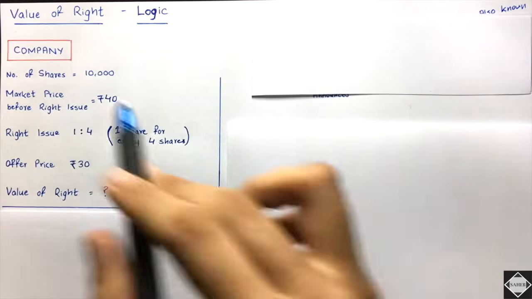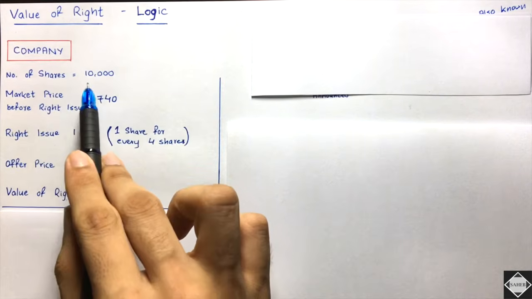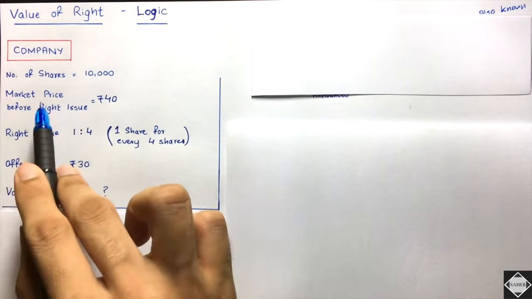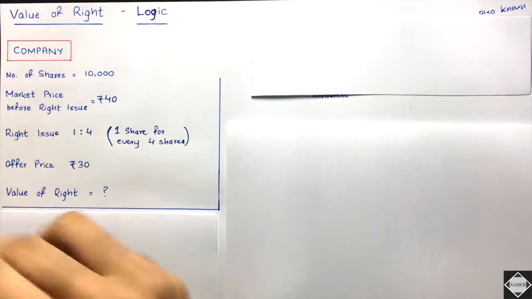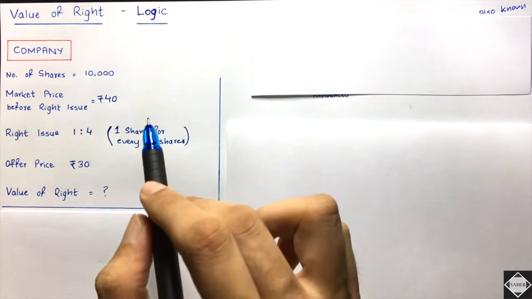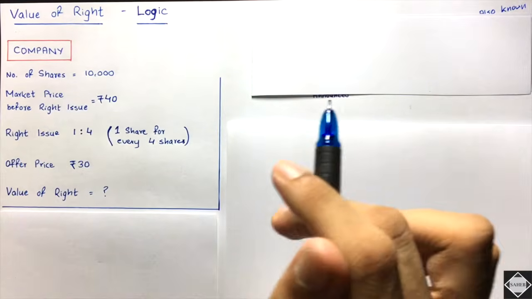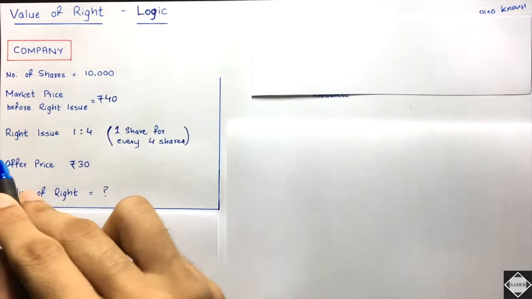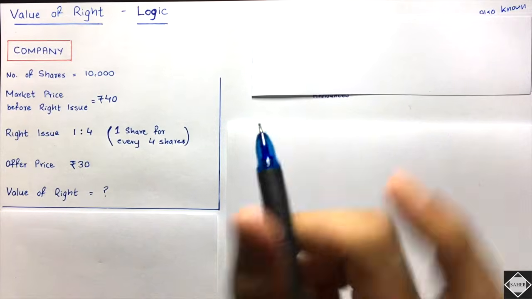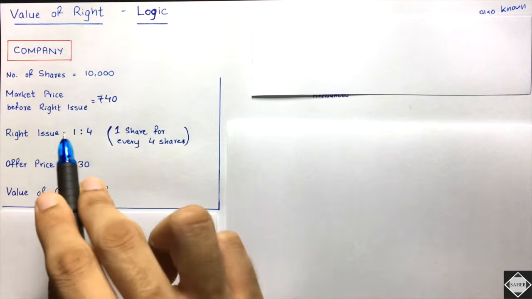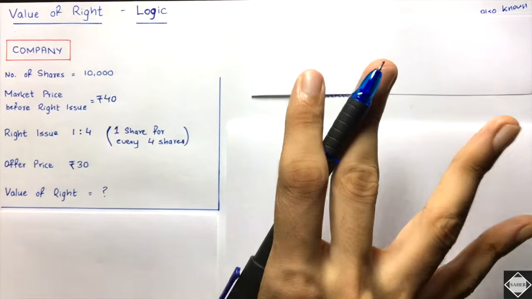Okay, so let's say there is a company having 10,000 shares, and the market price of those shares before the right issue is rupees 40. Okay, so you all know this is the cum right value of a share, isn't it? And then the company is going for a right issue, and the ratio, the proportion, is 1:4, 1 share for every 4 shares.